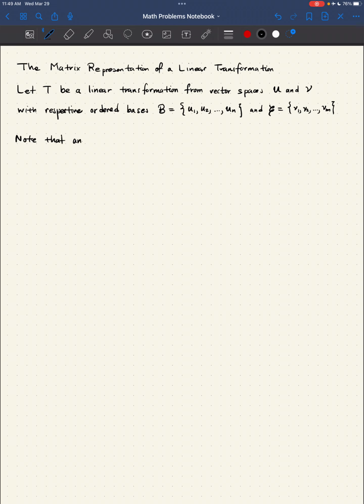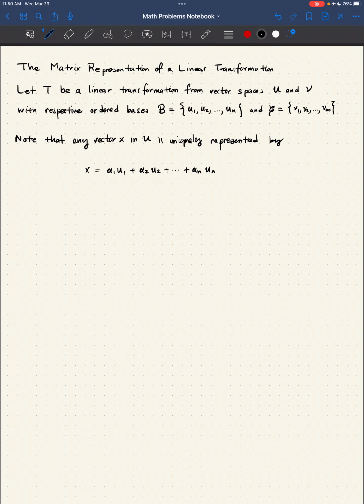Note that any vector x in U is uniquely represented by the following decomposition: x being equal to, let's say, alpha 1 u1 plus alpha 2 u2 all the way up to alpha n un.